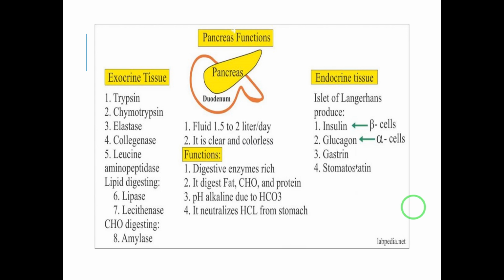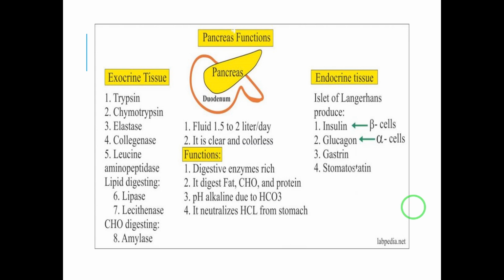This alkalinity is very important to neutralize the gastric fluid that comes from the stomach, which contains HCl, which is acidic. A high concentration of HCl is found in the gastric fluid. So when it passes to the intestine, to prevent the harm that may be caused by this high acidity, the pancreatic fluid, which is rich in bicarbonate, will neutralize this acidic fluid.